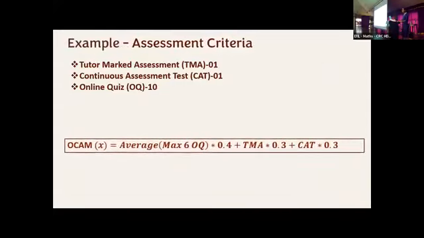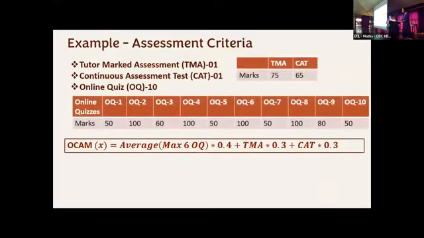So this is mathematics, and the best way to understand it is examples. So let's see one example. Let's say for your TMA you got 75, for your CAT examination you got 65, and for the online quizzes which you faced during the day school, you got these marks. But we are not considering all the 10 marks, we are taking only the maximum 6 out of those 10.